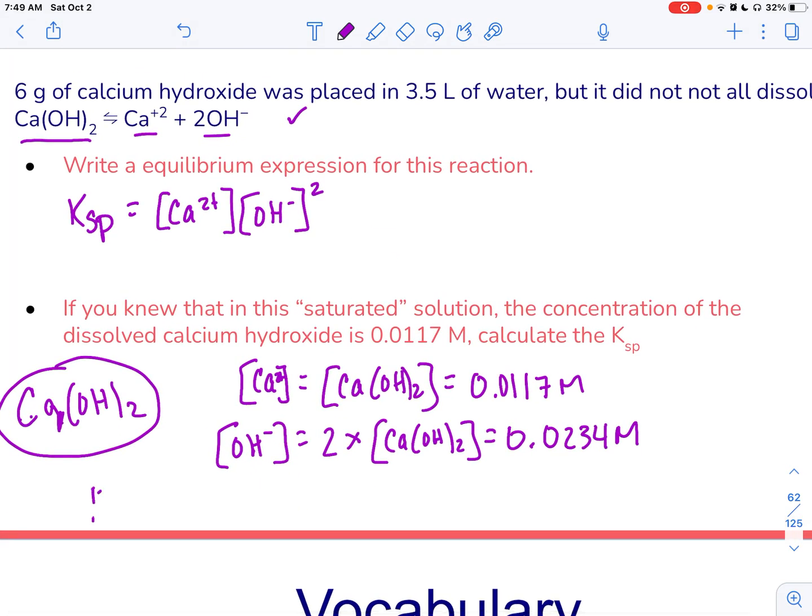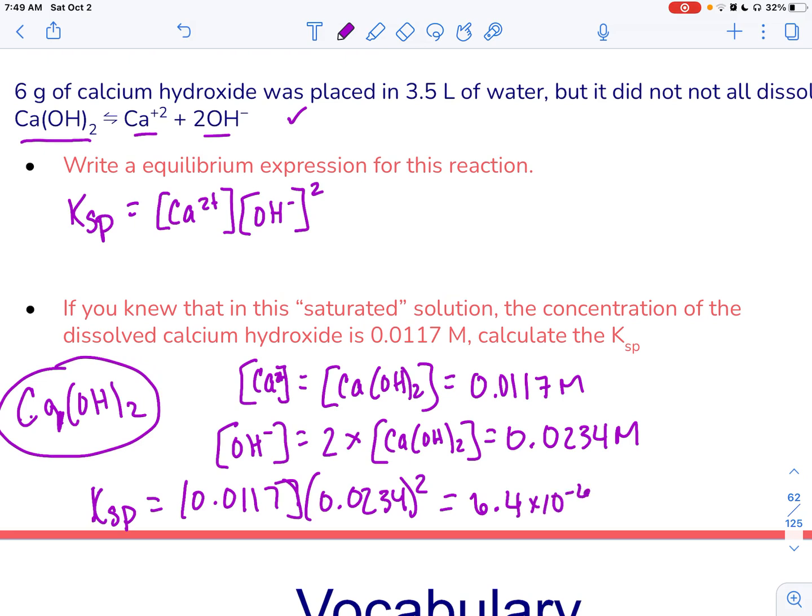So Ksp is equal to, so it will look like that. And just like our other Ks, there are no units on this K either.